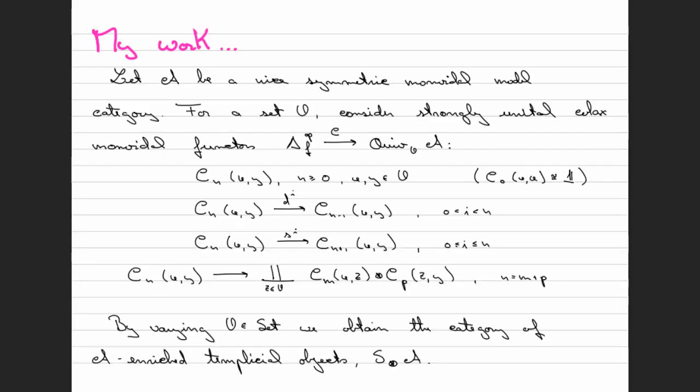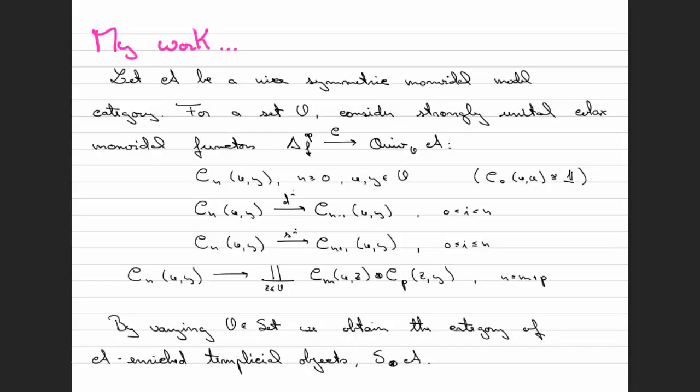Then we can vary the set O in a technical way also, and obtain the category of A-enriched templicial objects. Then, of course, the A-enriched Segal categories will be the ones where the Segal map is a weak equivalence.